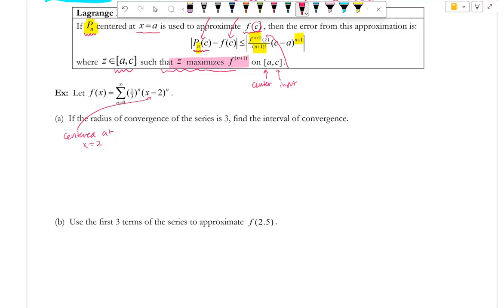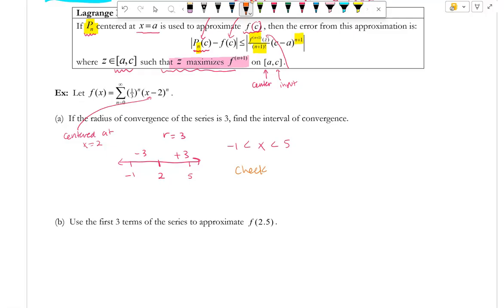And if my radius of convergence is 3, I could just think on my number line, if I go to the right 3, I would be over at 5. And if I go to the left 3, I would be at -1. So my interval of convergence is going to be between -1 and 5. However, we still have to check the endpoints.